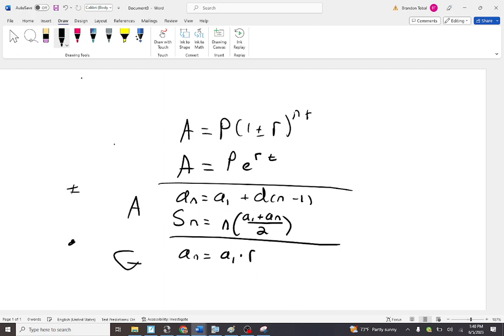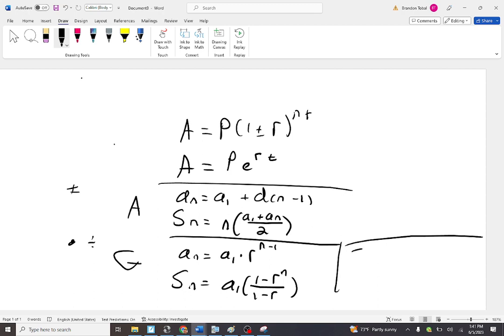This is multiplication and division. R to the power of N minus 1. And the sum of geometric is A1 times 1 minus R to the N power over 1 minus R.